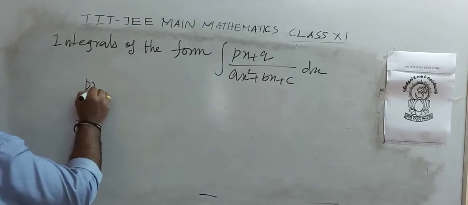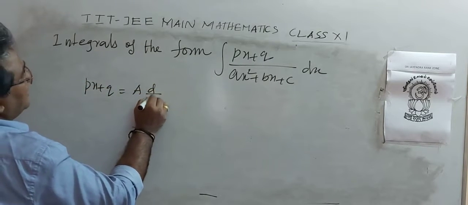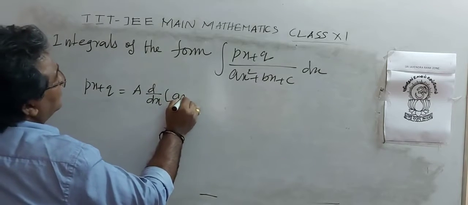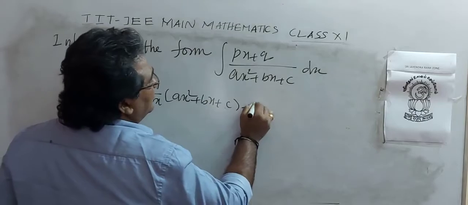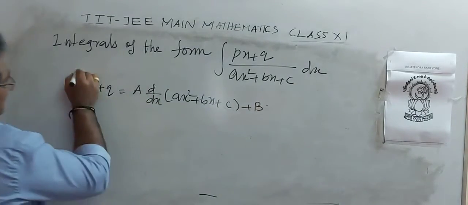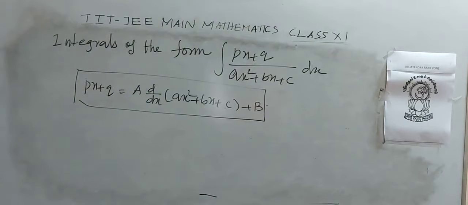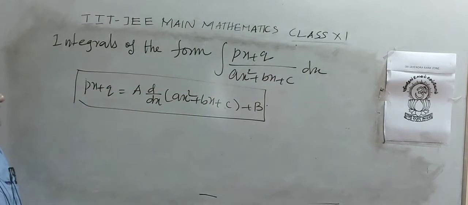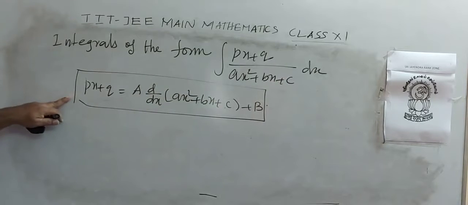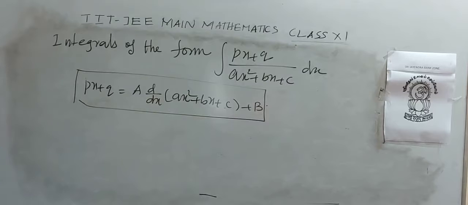So px + q equals a into d/dx of (ax² + bx + c) plus b. So we have to apply this concept. Whenever we have linear in the numerator and quadratic in the denominator, the numerator should be written as a constant into the derivative of the denominator plus b.